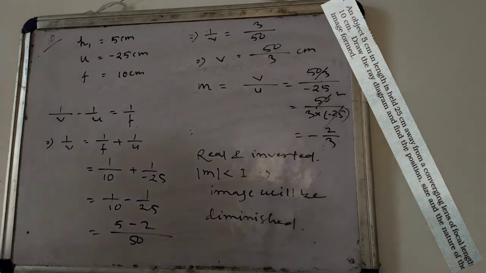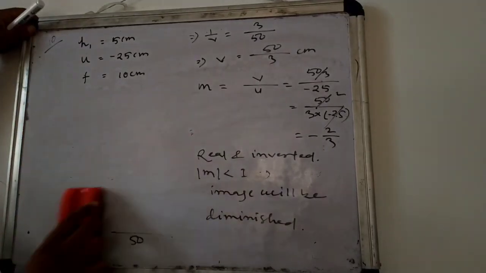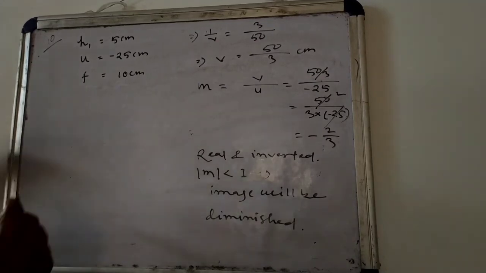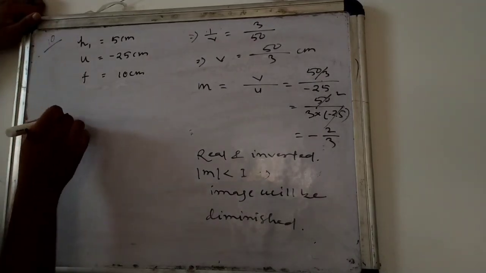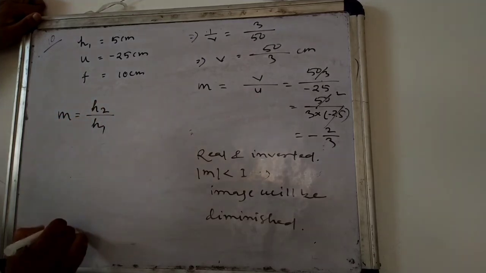Now we need to calculate the size of the image. We know magnification equals size of the image by size of the object.